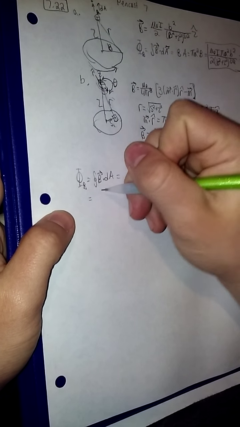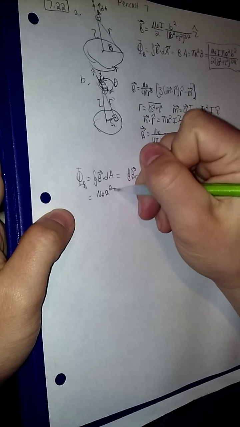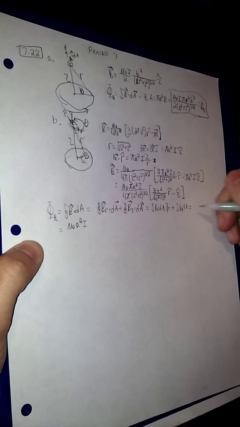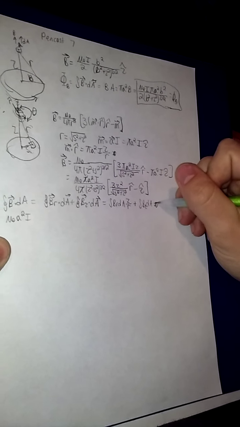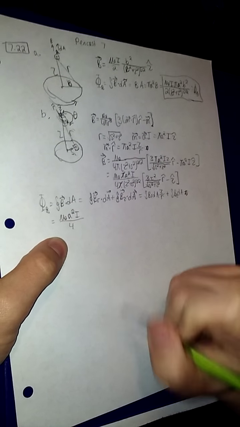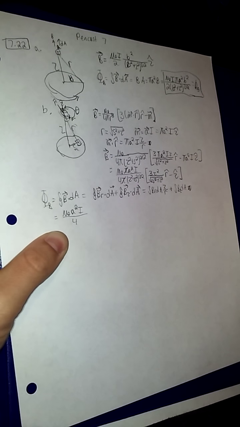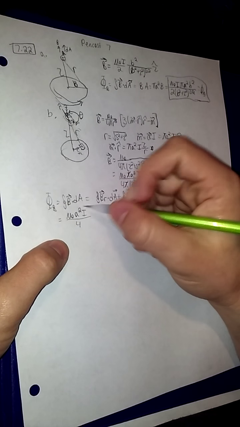When writing these out and doing some simplification, noting that dA is s ds d theta, and we have no theta dependence otherwise, the integral of d theta is 2 pi, so I'll pull that out.